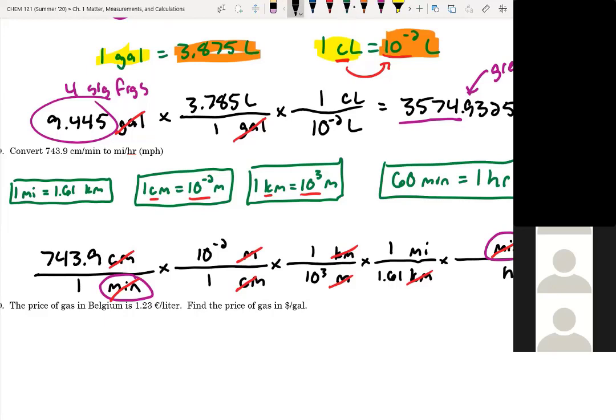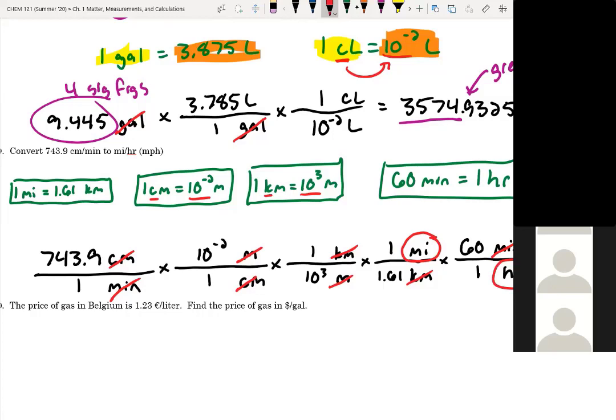And we could say 60 should be on top with the minutes unit, and then 1 should be on the bottom with the hour unit. So now if we think about our units that are left over, we still have this miles unit left over on the numerator side, and then we've got this hour unit left over on the denominator side. So let's go ahead and plug everything in.